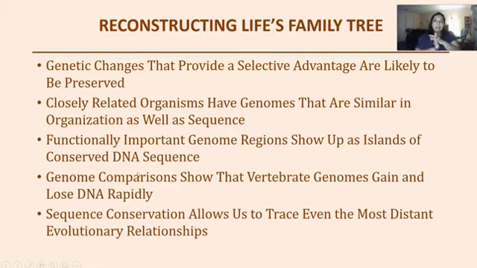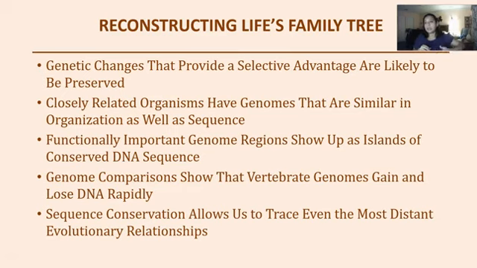So just recapping this portion of the lecture, to reconstruct life's family tree, we take advantage of the changes that have happened over time in our genomes, both in the important exon protein products as well as in the intronic or regulatory sequences that are there. We can look at genetic changes that provide selective advantage to an organism.